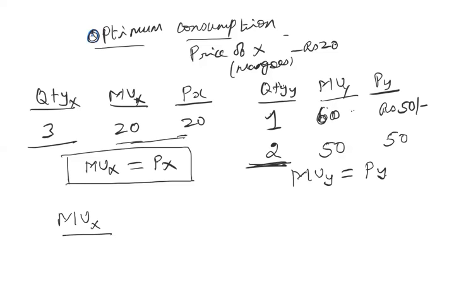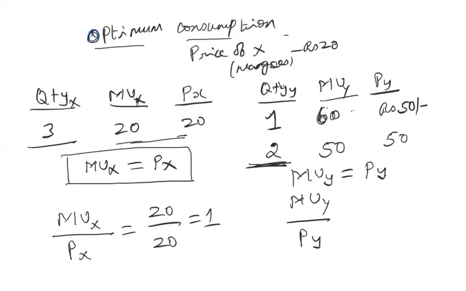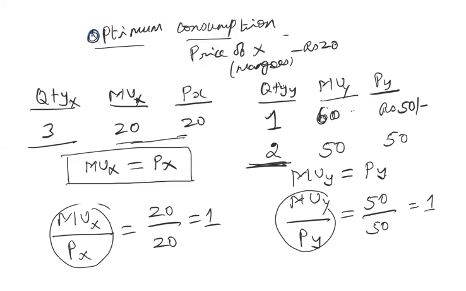So MU of X divided by price of X: 20 divided by 20 is equal to 1. Here also MU of Y divided by price of Y: 50 divided by 50 is equal to 1. If he keeps on equalizing this ratio, then automatically he will be under the condition of equilibrium.